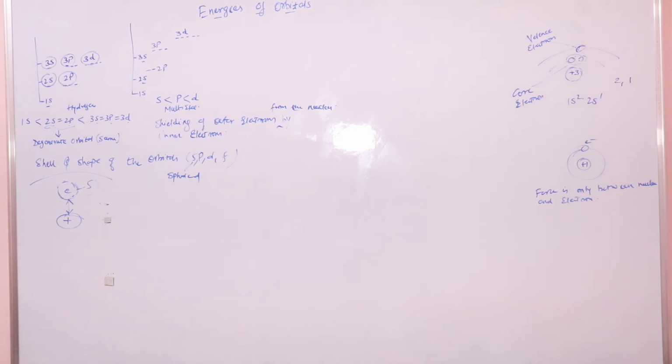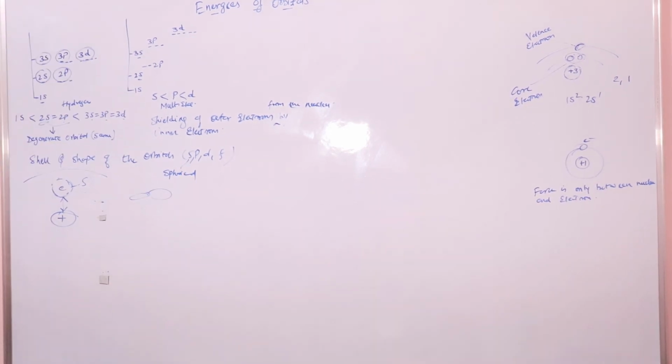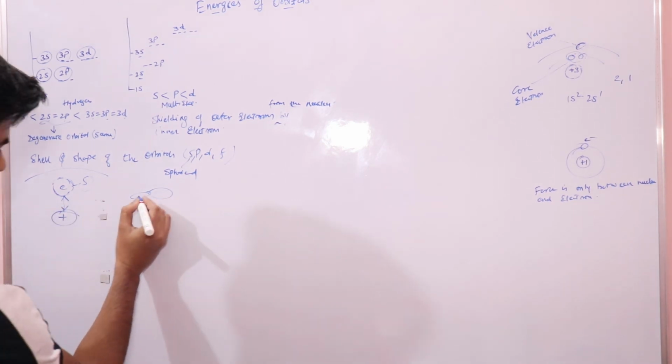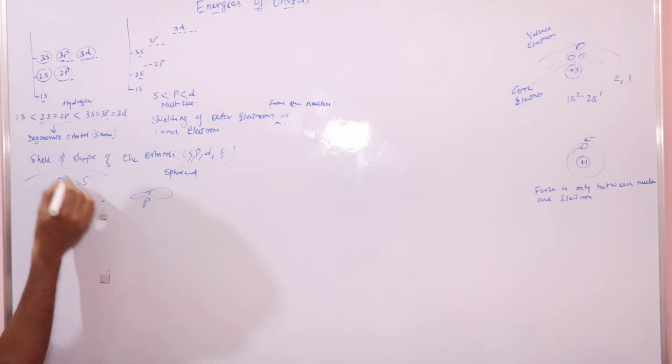So let's look at the shape of the p orbital. It looks like this, right? The electrons in the p orbital spend most of their time in the vicinity of the nucleus, but they are not as close to the nucleus as s electrons.